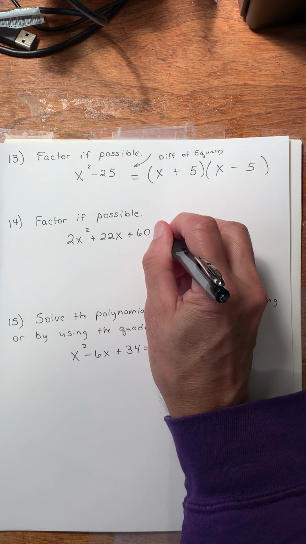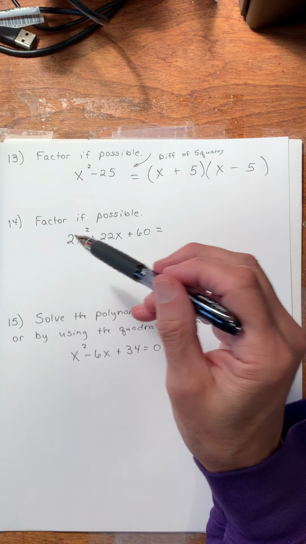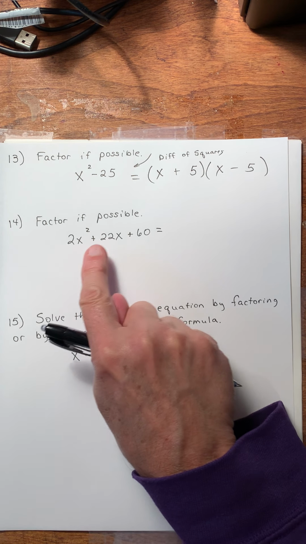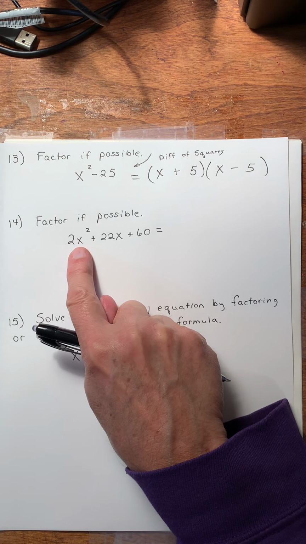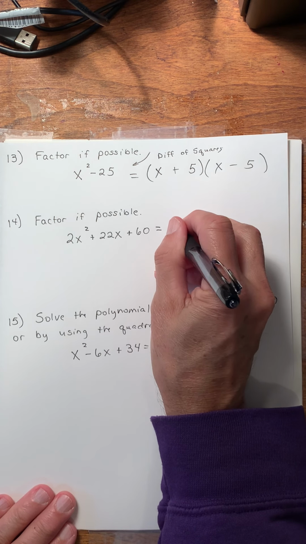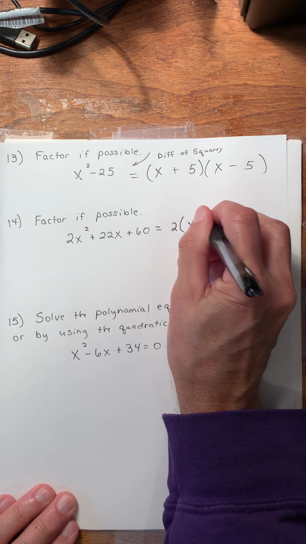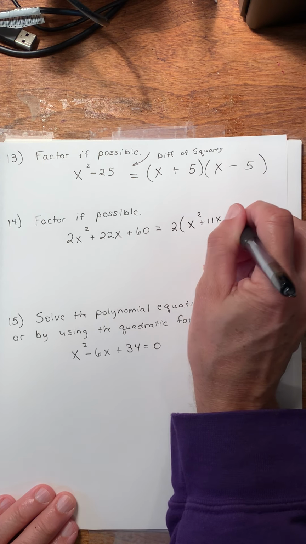All right, factor if possible. Here's when I go, hey, you know what? The first thing I always check for is a common factor. And look, I do have a common factor, don't I? These are all even numbers, so I'm going to factor out a 2 before I go any further. That'll make things easier. 2 times x squared plus 11x plus 30.